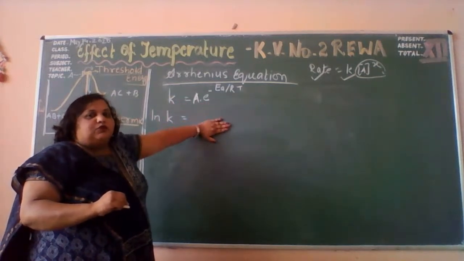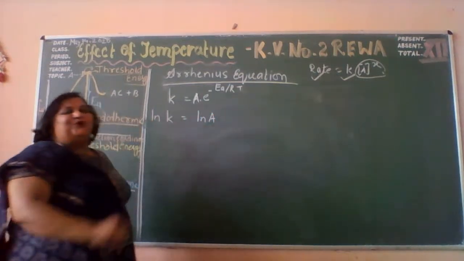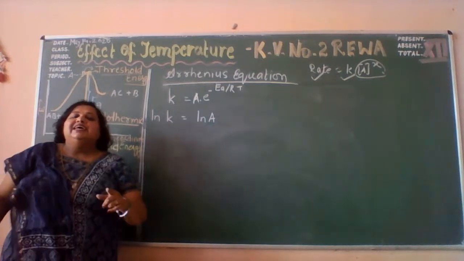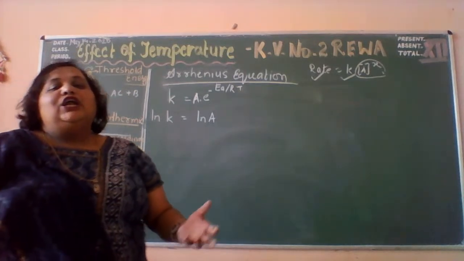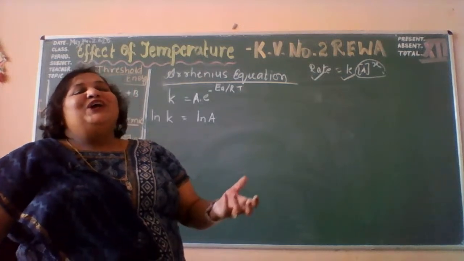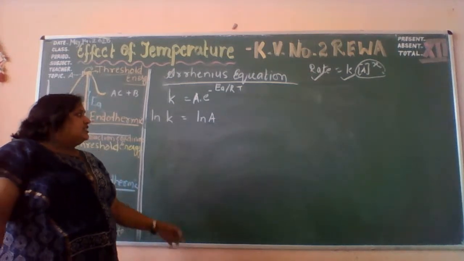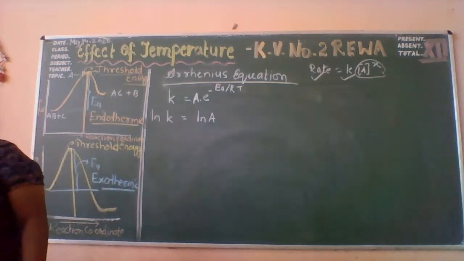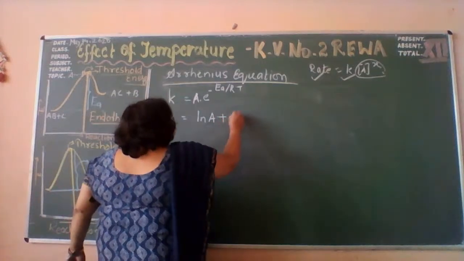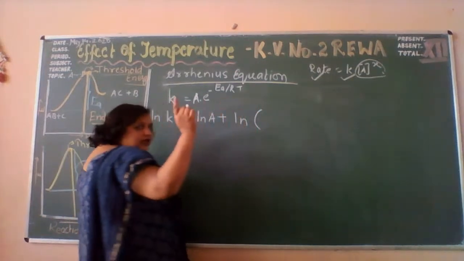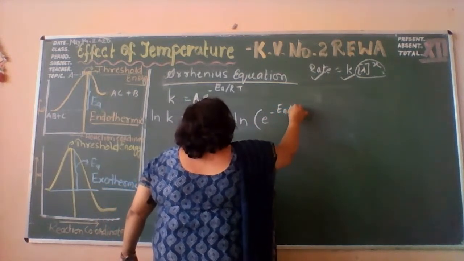Immediately at this place I will tell you, log A. I think you have all seen that log A into B is equal to log A plus log B. Similarly, log A plus log B is equal to log A into B. The same is for division and subtraction. Here these quantities are in multiplication, so you will do plus log of, I'm writing in the bracket, e to the power minus Ea upon RT.